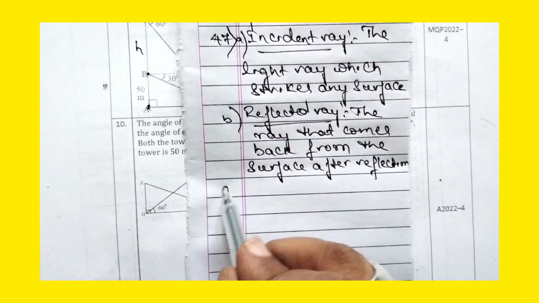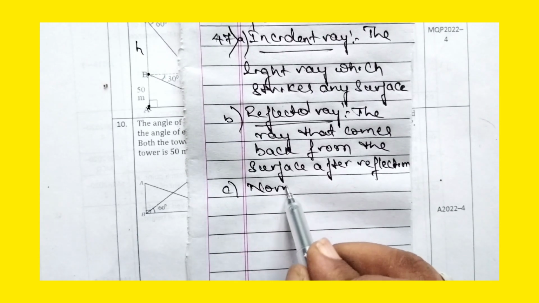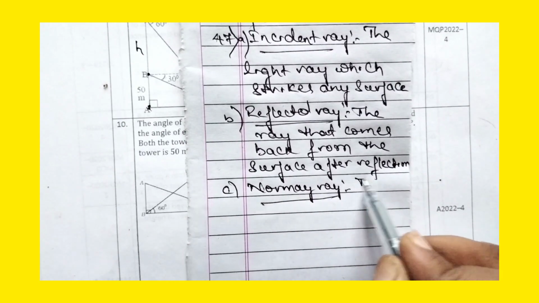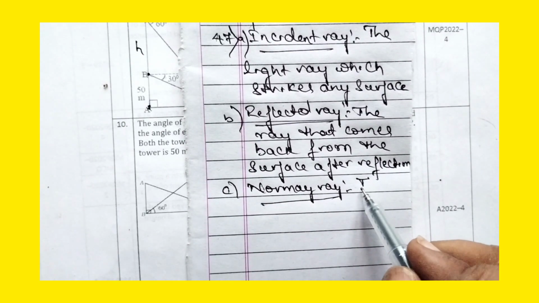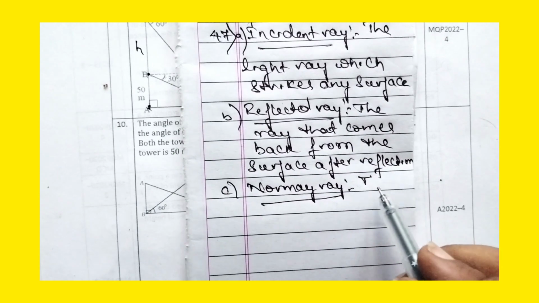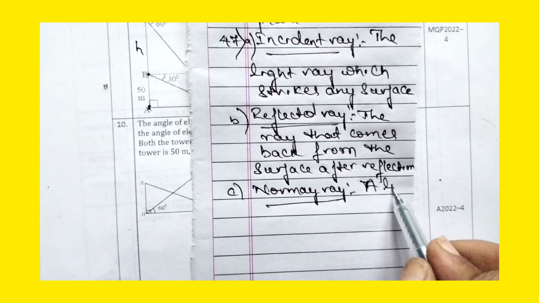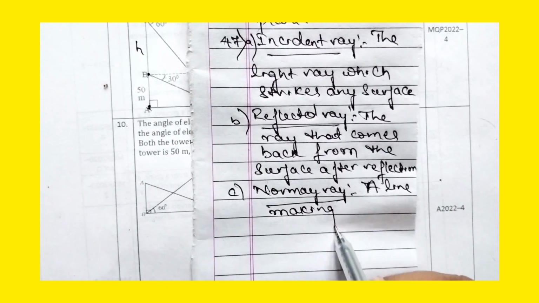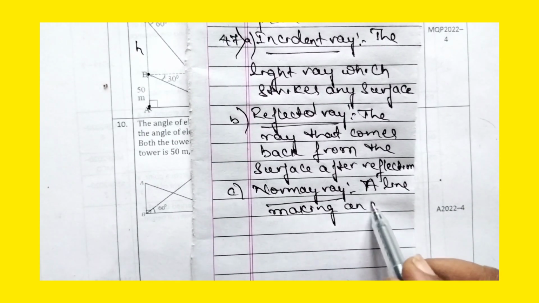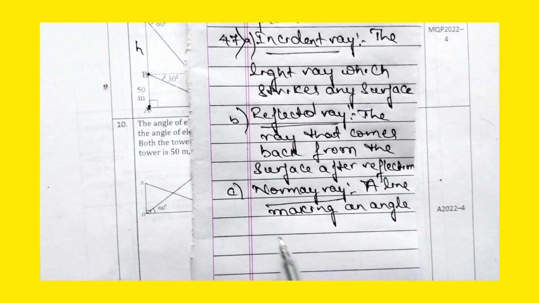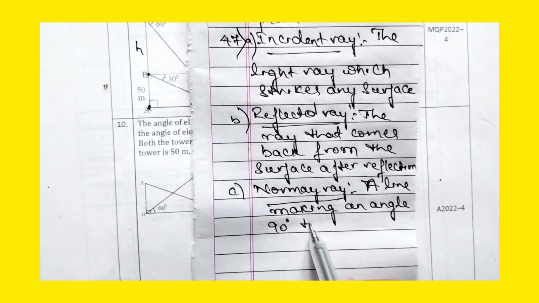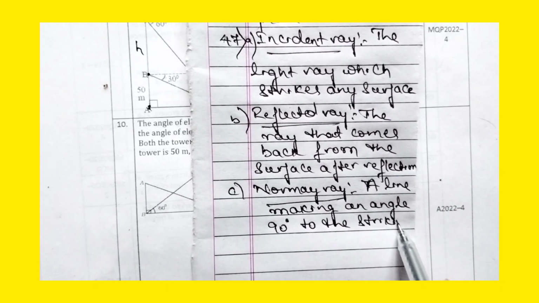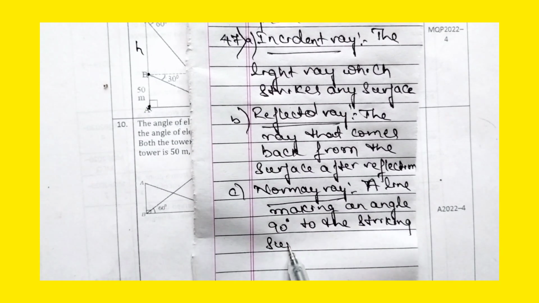Next, what is the normal ray? A line making an angle of 90 degrees to the striking surface is called the normal ray.